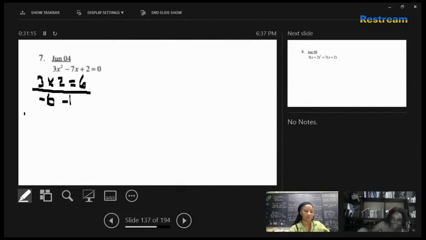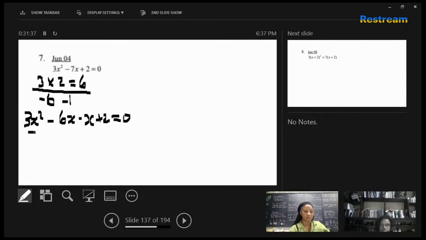So we're going to have 3x squared minus 6x minus x plus 2 equals 0. So now we're going to factorize our pairs.